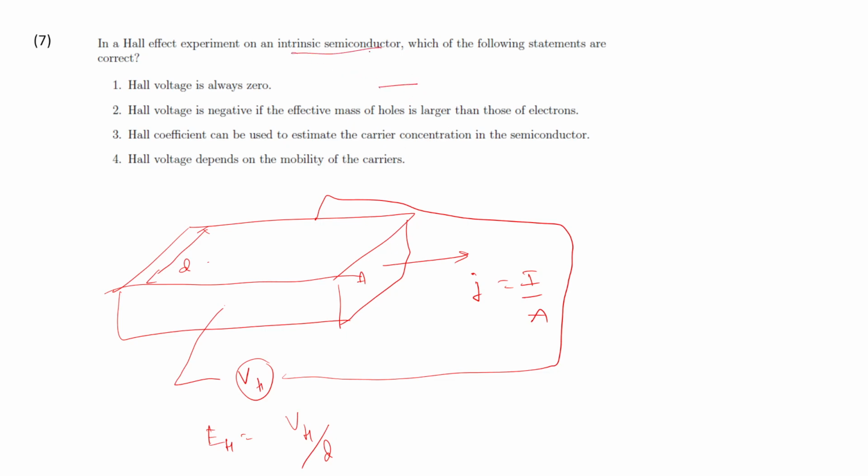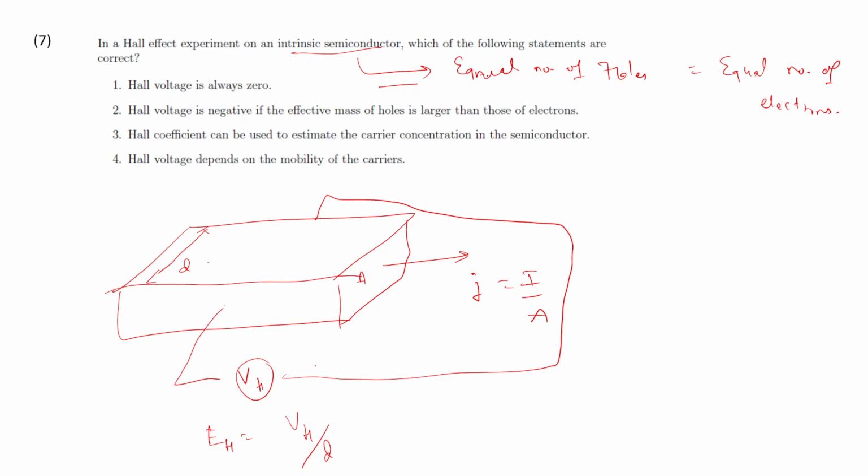The system is an intrinsic semiconductor. It means an equal number of holes and an equal number of electrons will be there. So we might intuitively think that since the number of holes and the number of electrons are equal, they can equally distribute themselves on either side, and we'll get no voltage.